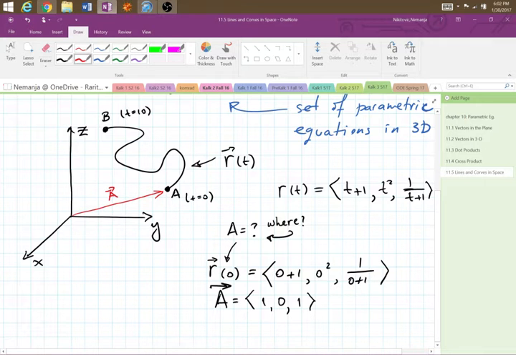So in this case, lowercase r is going to do the same thing. When you write it as a vector valued function, you have the set of 3 equations, and those 3 equations describe every single point that you can come up with. We're talking t equals 1.3, t equals pi over 7, and all that stuff.